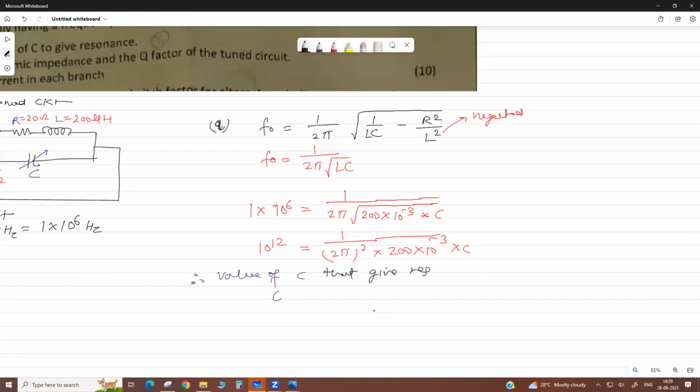So C equals, taking this to the other side, 10 raised to power 3, divided by 2 into 3.14, the whole square, into 200 into 10 raised to power 12.